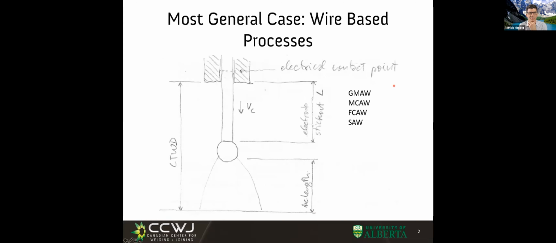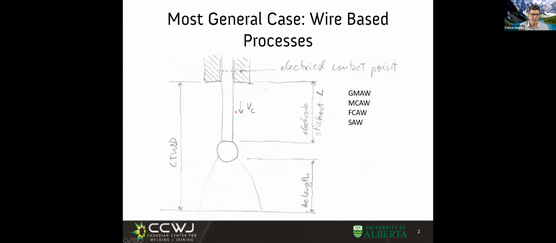So let's talk about the most general case, that is a wire-based process. This would be MIG and metal core and flux core and sub-arc welding. And you'll see that extending these to TIG is essentially trivial.